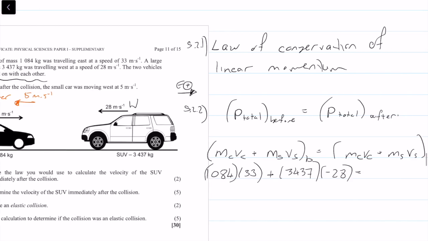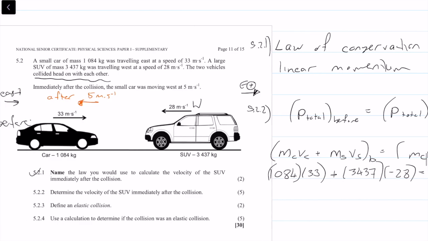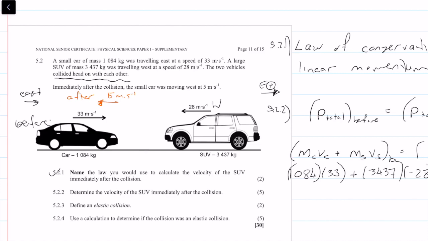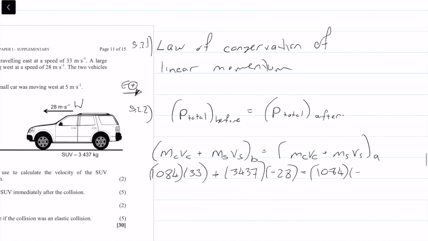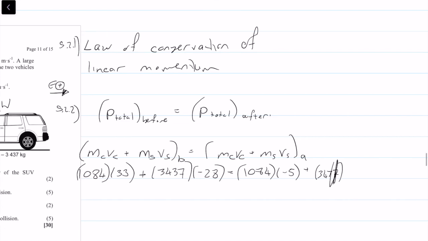This is equal to the mass of the car once again times the velocity of the car after the collision, which was 5 meters per second west, so we have a negative once again, plus the mass of the SUV, 3437, times the velocity of the SUV final.